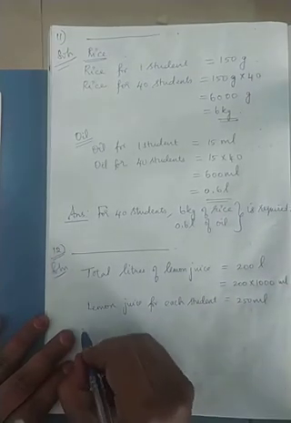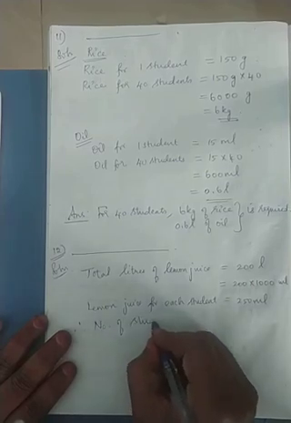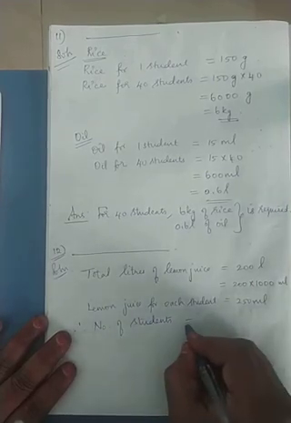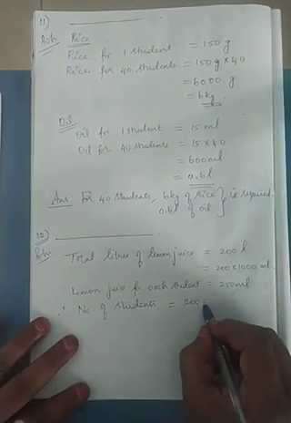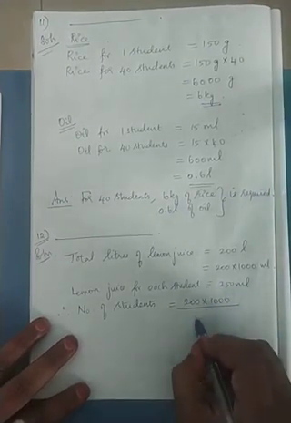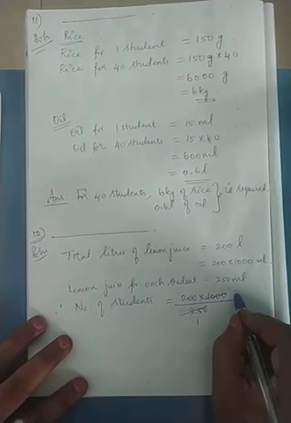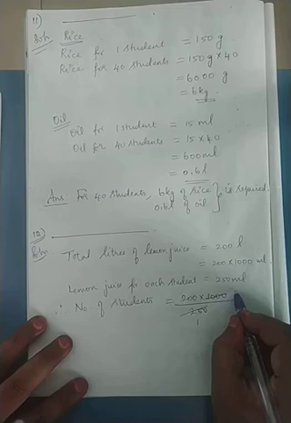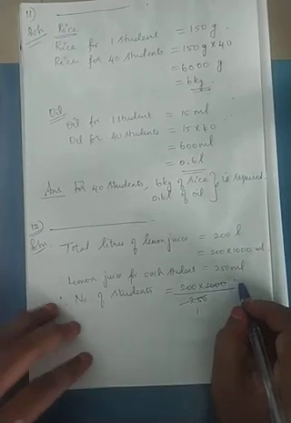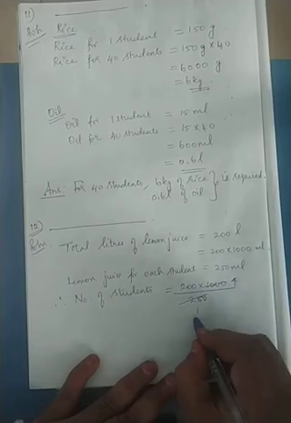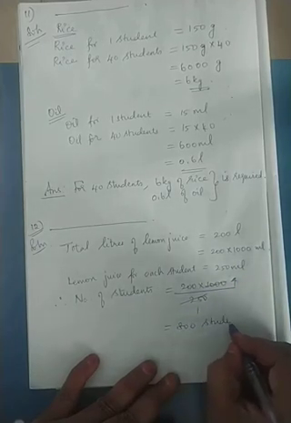Therefore, number of students will be equal to this huge quantity divided by the small quantity. Then only we will be getting the answer. 1 250 and 5 250 will be giving me 1000, 250 into 4. So this is equal to 800 students.